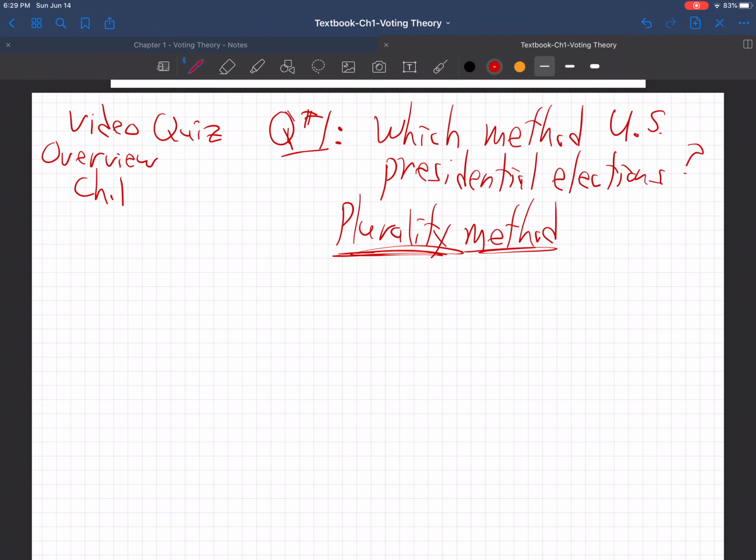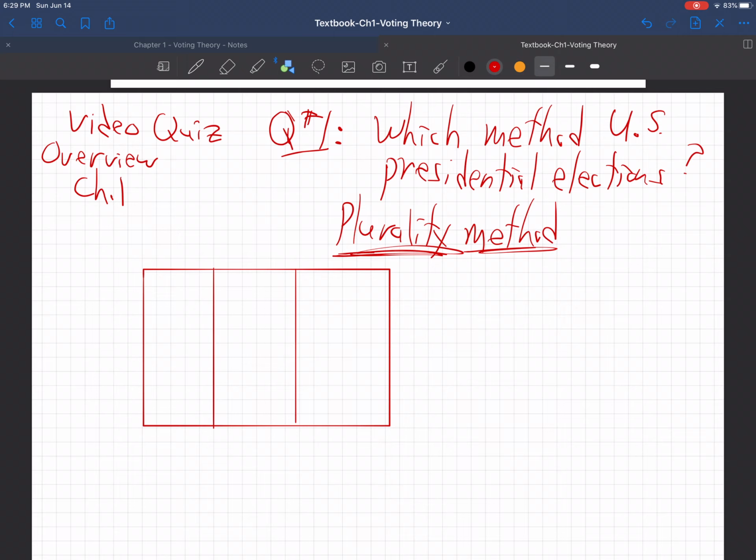Now, what's the problem with that? Well, let me give you an example. What if we had, let me make a little chart here, this kind of situation, and we had first choice, second choice, all the way down to 10.